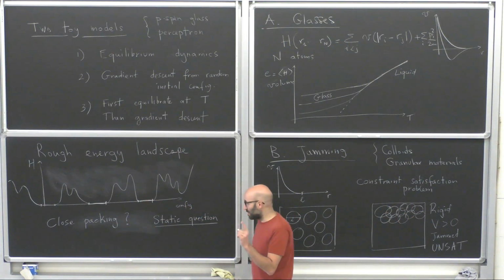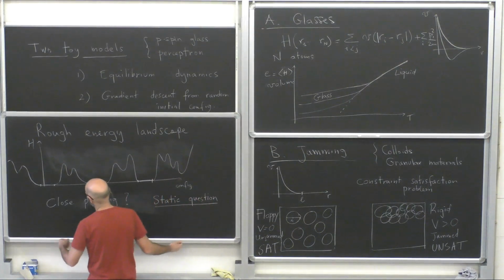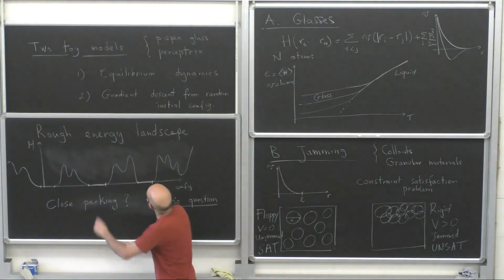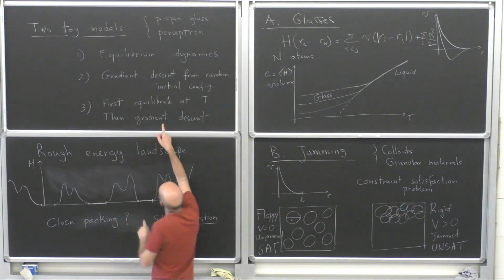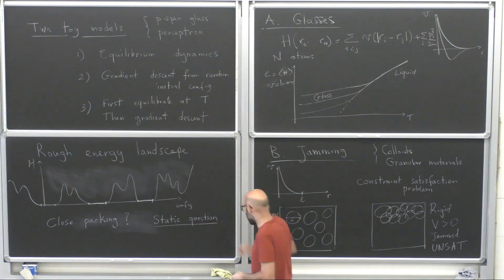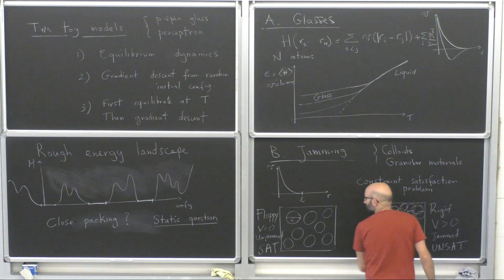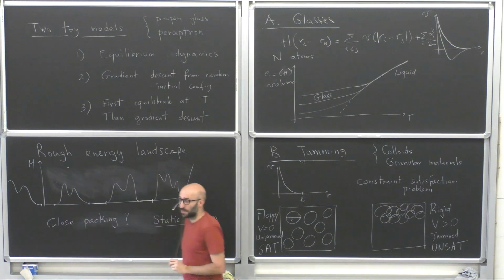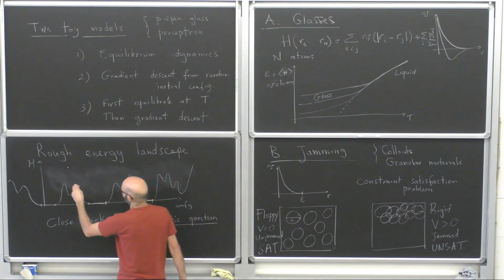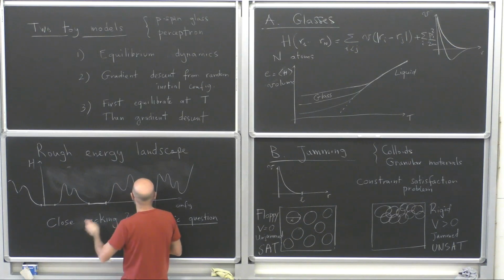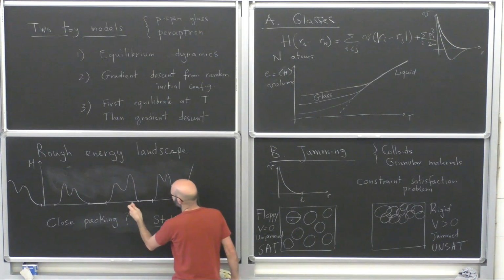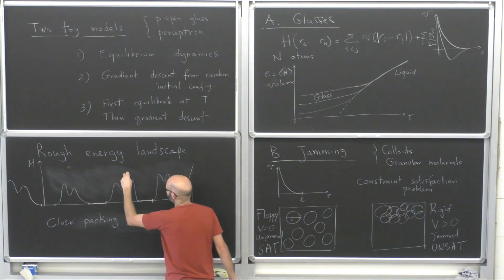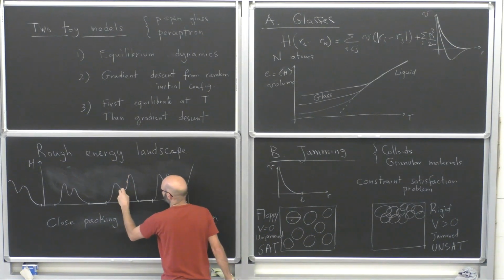There is also another question, which is, if I give you a dynamics, for example, gradient descent from a random configuration. So I take an initial state at random, say here, and I do gradient descent, and I end up here, right?